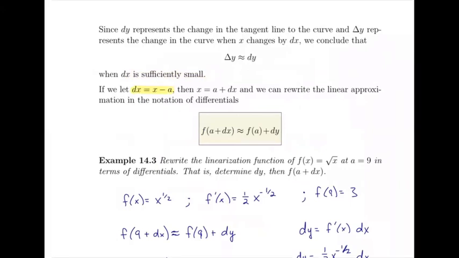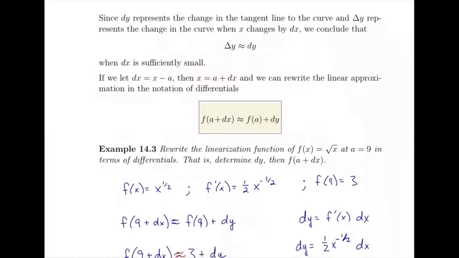In other words, if we're centered at a linearization of a value of a on our curve that we'll plug in, then dx is some new distance away from a. And if we solve for x in that case, we have x is equal to a plus delta x. So this is just introducing our centered approximation at a, and then x is a value we might be interested in calculating the function at.